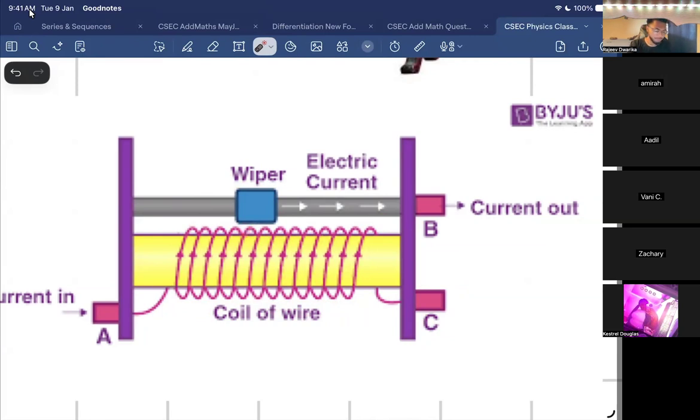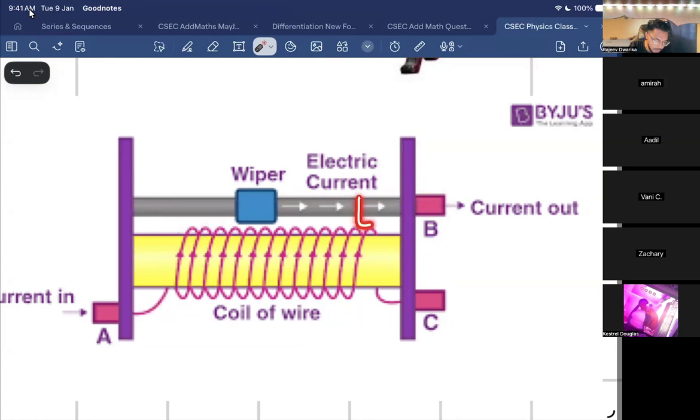So here is what I was saying. If I put the wiper over here and it makes contact with this wire, do you think at that point a lot of current is being resisted? No. So the resistance is going to be near zero, right?